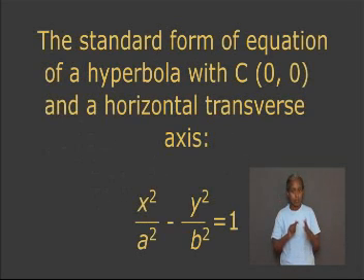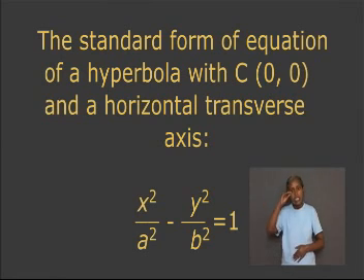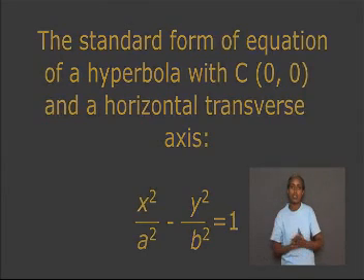To begin, let us learn the standard form of the equation of a hyperbola with center 0, 0 and a horizontal transverse axis. A point P at x, y is on the hyperbola if and only if x squared over a squared minus y squared over b squared is equal to 1.